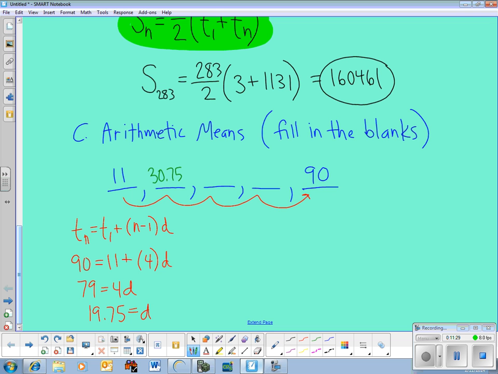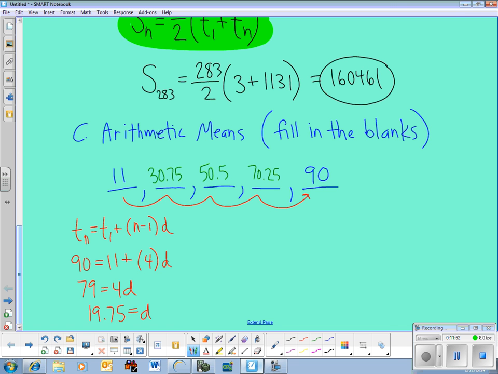Sometimes they'll work out nicely, sometimes they won't. Plus another 19.75 takes me to 50.5. I should be able to add this without a calculator, but I don't trust myself. Plus 19.75 is 70.25. And then another 19.75 would take me up to 90. So it worked out evenly.